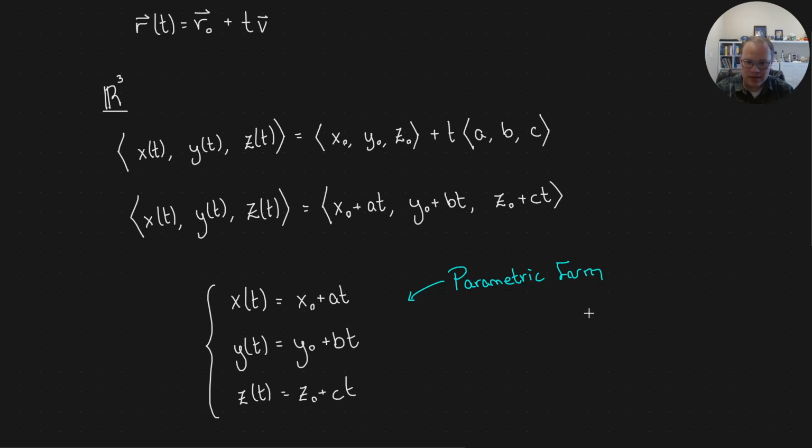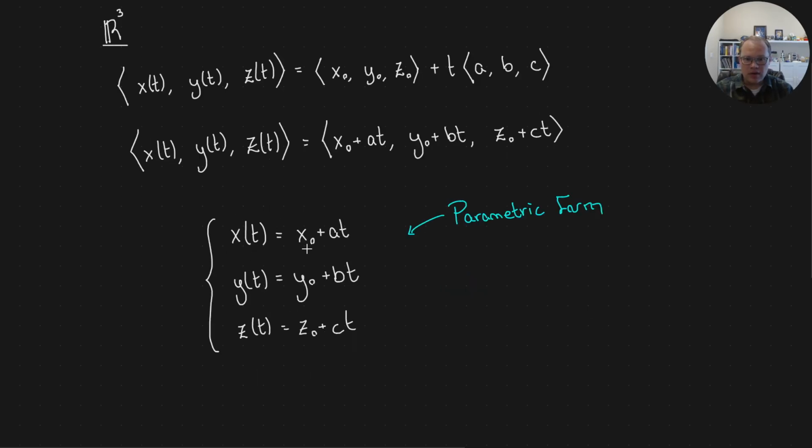I can look at this and say, okay, the values without a t, those would be the components of the point that lies on the line. So, point on line: x naught, y naught, z naught.